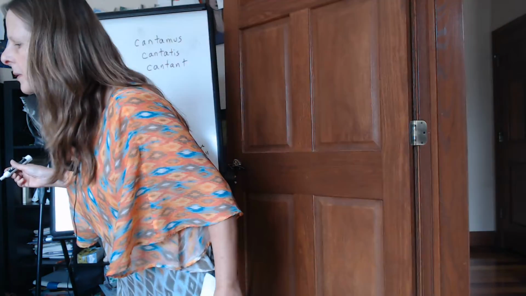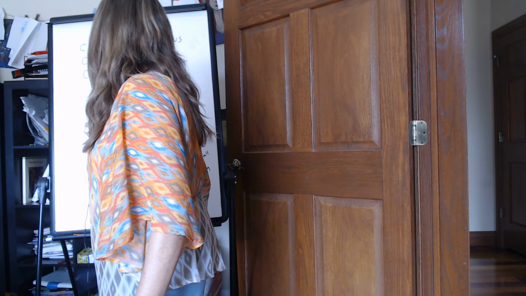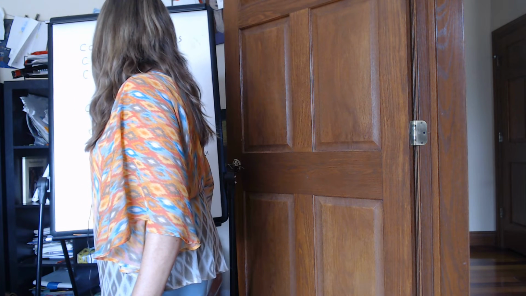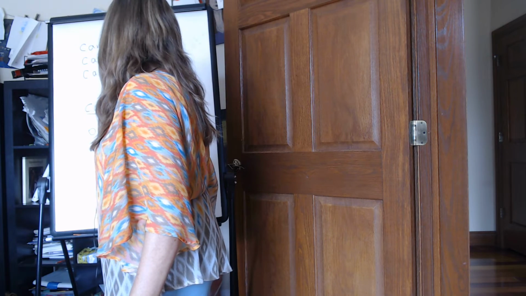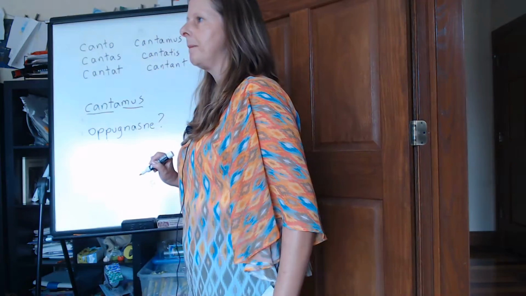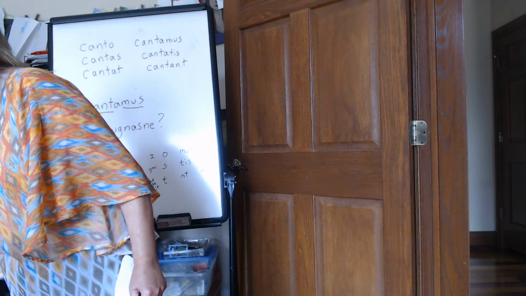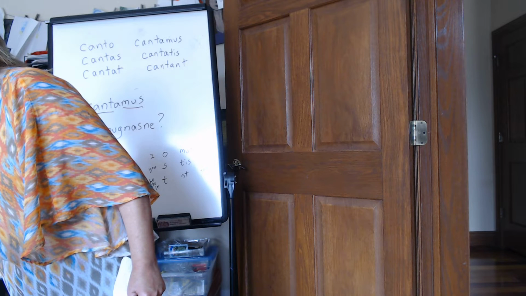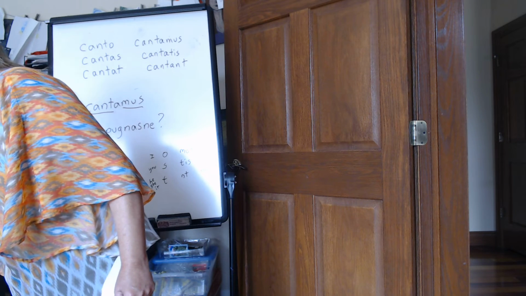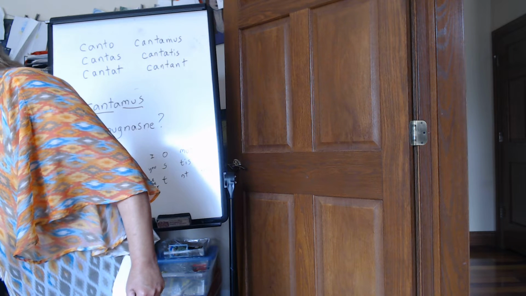How about the next one? Oh, this was a tricky one. Opugnasne. Do you remember what the ne means? Did I even talk about that? I botched last week's, but this week, now I'm good. I'll do it right this time. Where did they show you that?